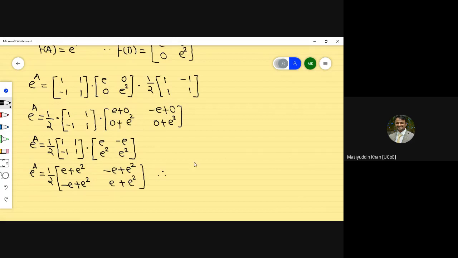Similarly the calculation we also have to perform for 4 raised to A. तो जहाँ पे भी e है वहाँ पे 4 सिर्फ आप रखोगे substituting, तो 4 plus 4 square, then minus 4 plus 4 square, then minus 4 plus 4 square, 4 plus 4 square. So 4 raised to A is equal to 16 plus 4, that is 20, 16 minus 4, that is 12.